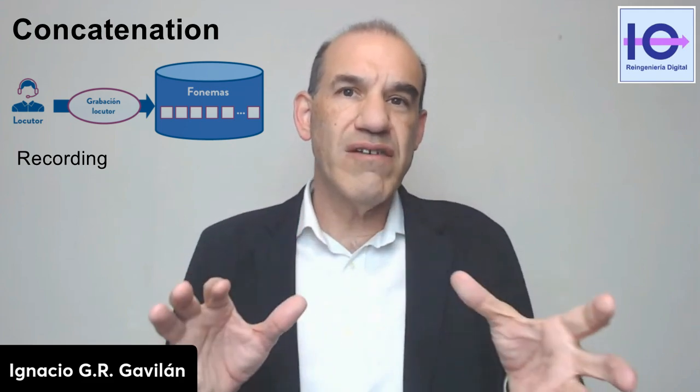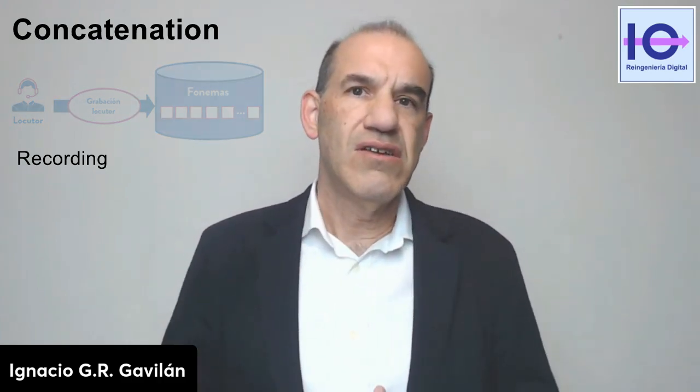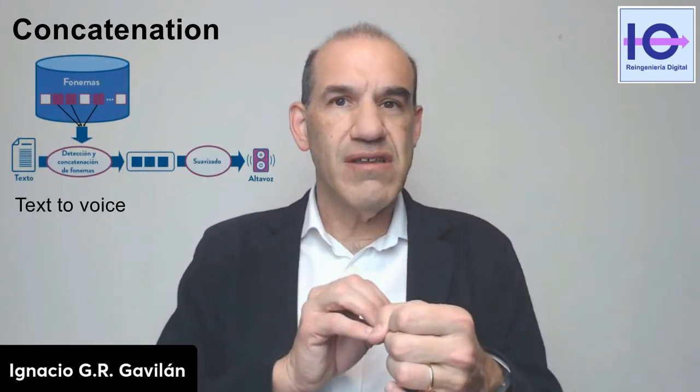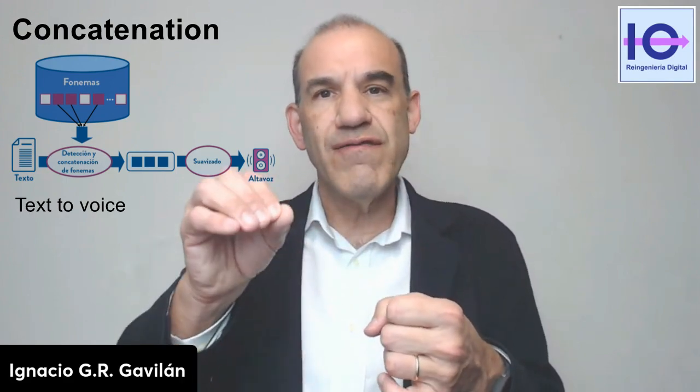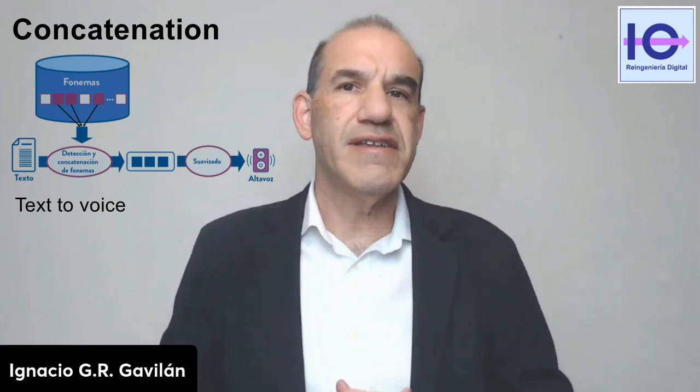And with that, we create kind of a phonemes database. Once we have that phoneme database and we want to create voice, we get the text with what we want to say and look for in the database for the phonemes corresponding to the words, the letters in it.